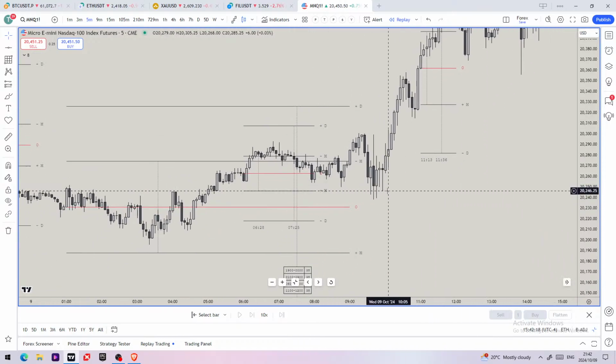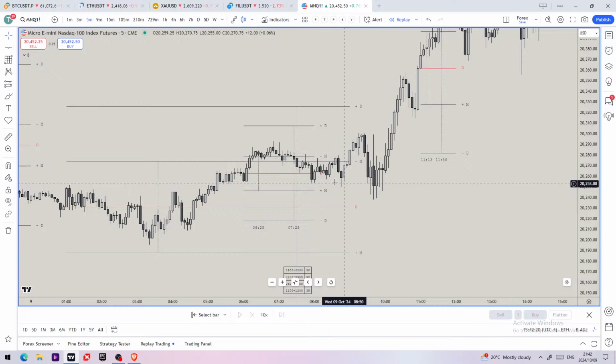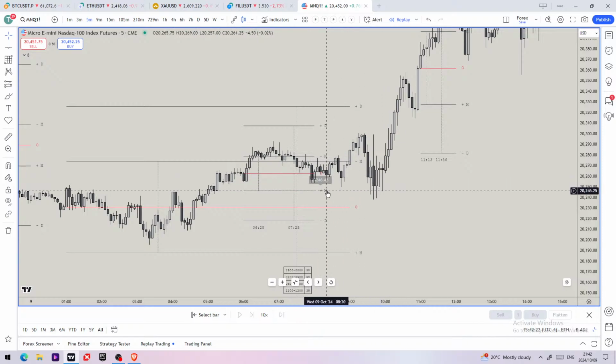These levels that these two indicators spit out, in my opinion, are unparalleled or unmatched. So it's not just someone looking at a tweet from Joshua or 2 degrees showing a chart with an M or a D level.